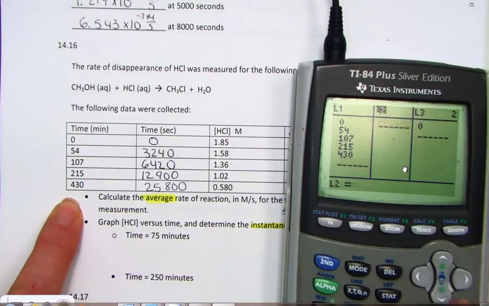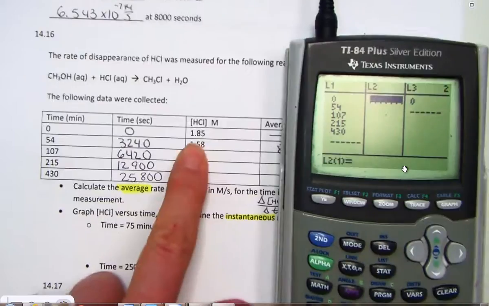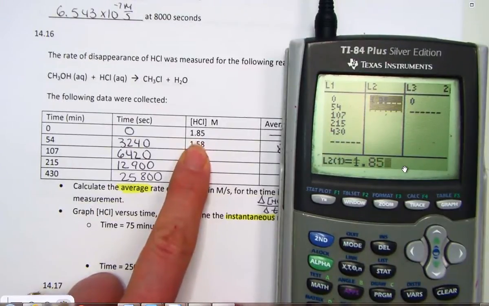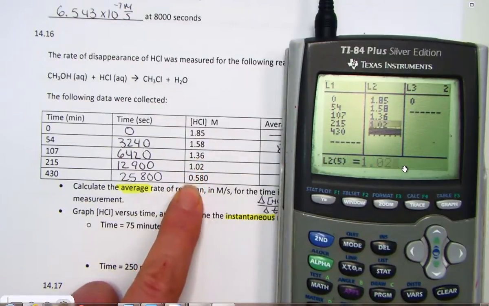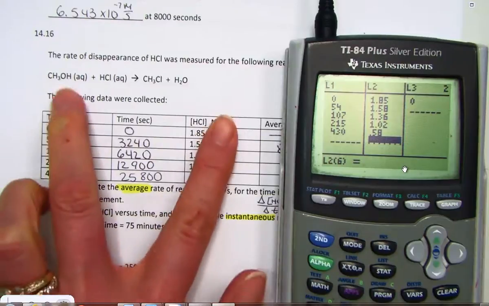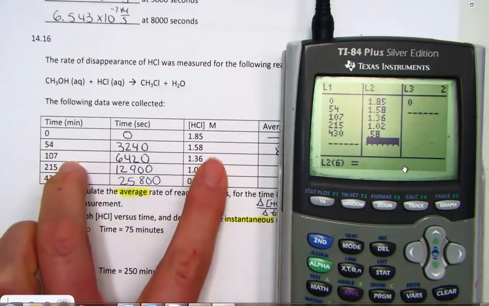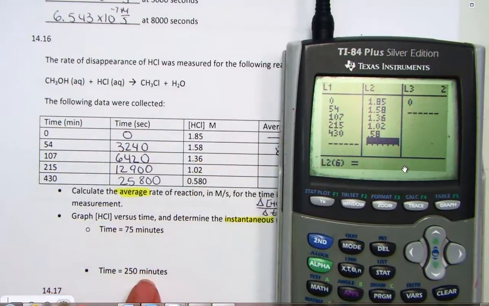I'll go in and type in the concentration into list 2 next. 1.85, 1.58, 1.36, 1.02, and 0.58. Alrighty. So I've got these two lists, list 1, list 2, and I'm doing that because I'm going to solve first for minutes.